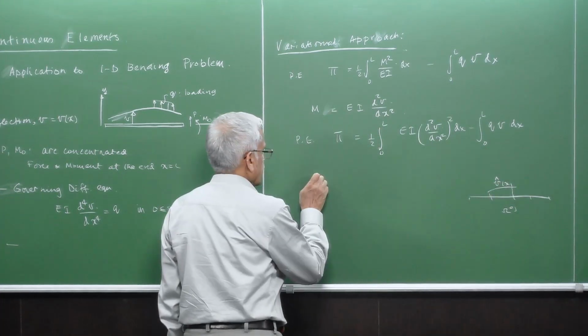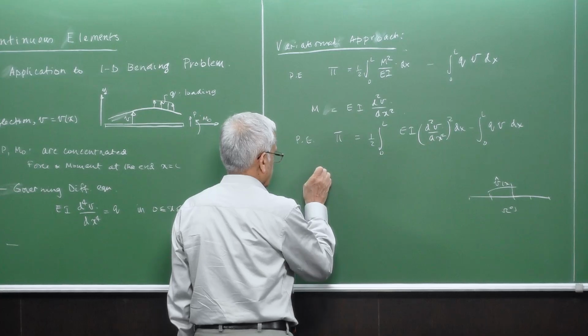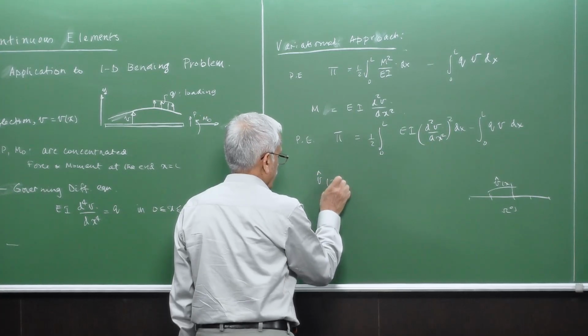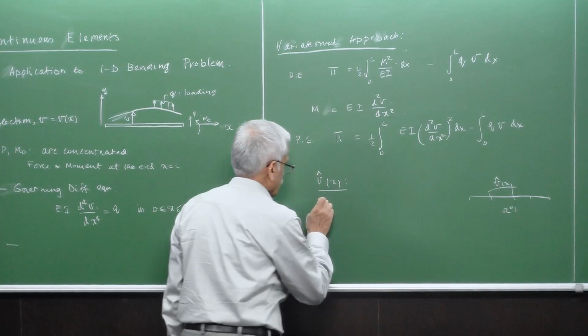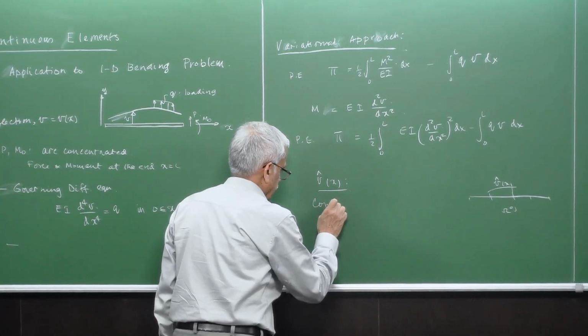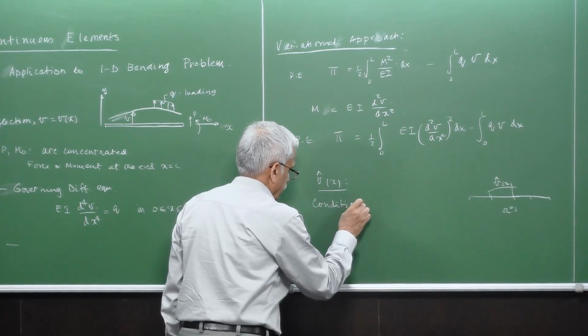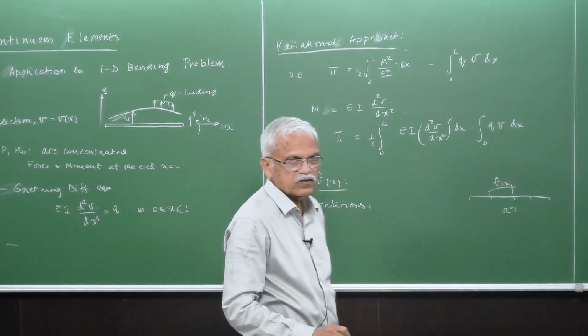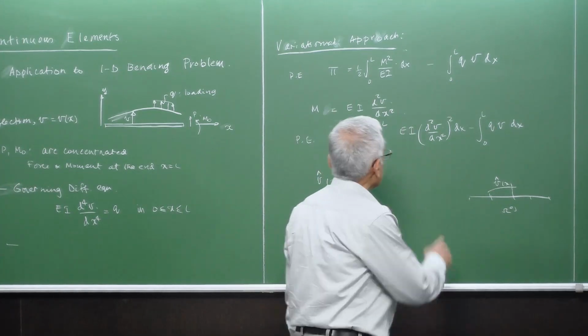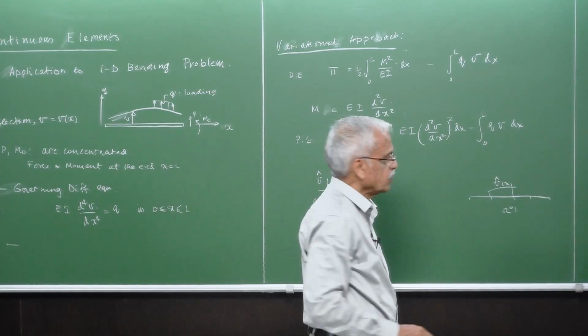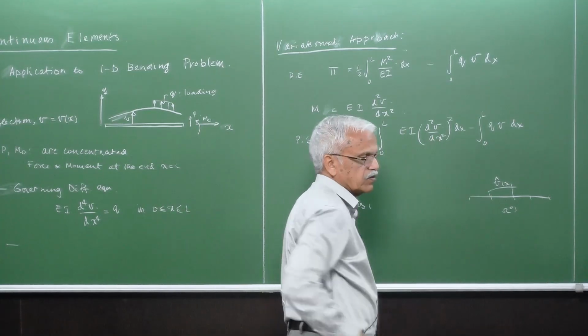When we write the v approximation here, what are the conditions on this one? The conditions on this v are that if you look at this integrand, we have d square here.